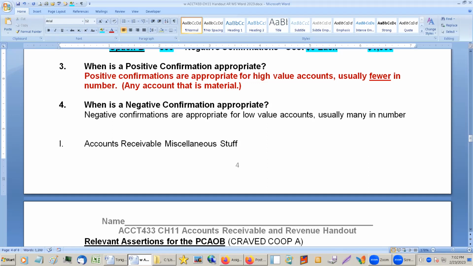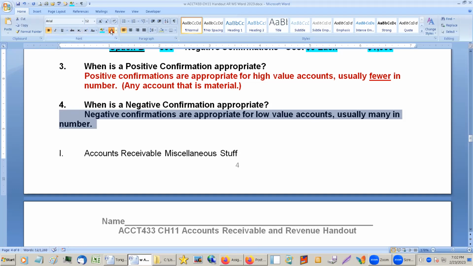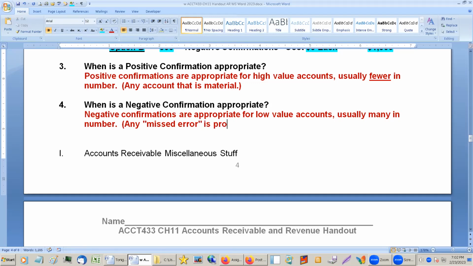So if you have a whole bunch of accounts, usually of a smaller dollar amount, you use the negative ones. And part of the reason for doing that is that any missed error is probably not material.